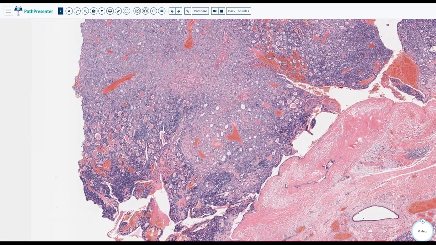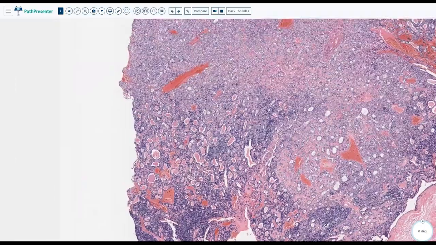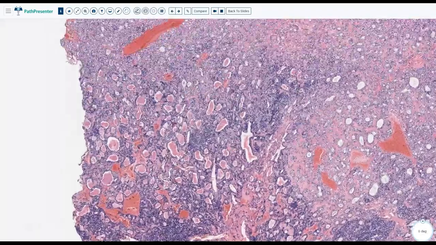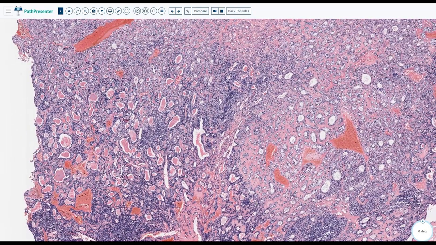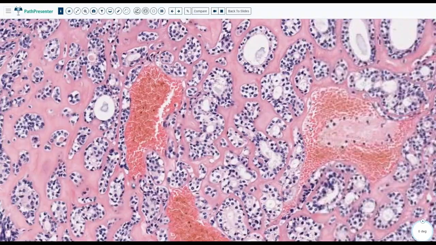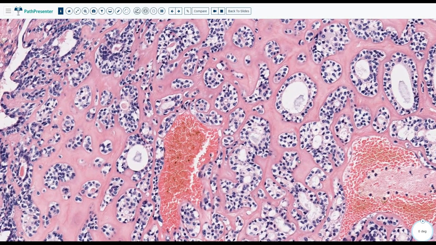Okay, let's go to the meat now. I saw some people say secretory carcinoma. This is a good observation. But if you go to high power, actually, I think you'll be changing your mind a little bit. So if you have this picture, what do you think?